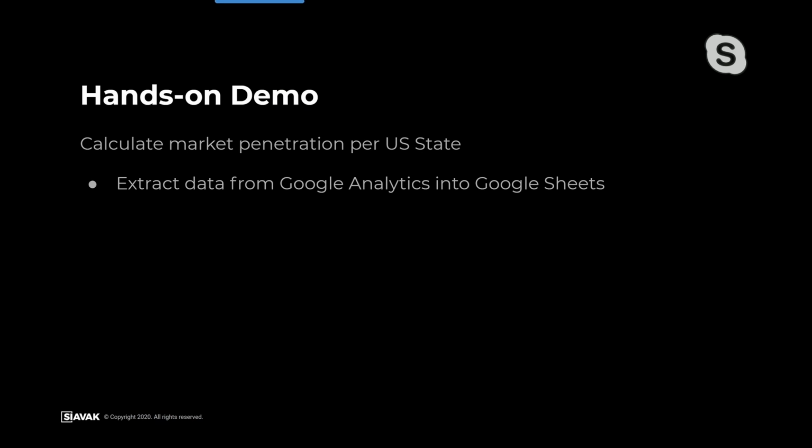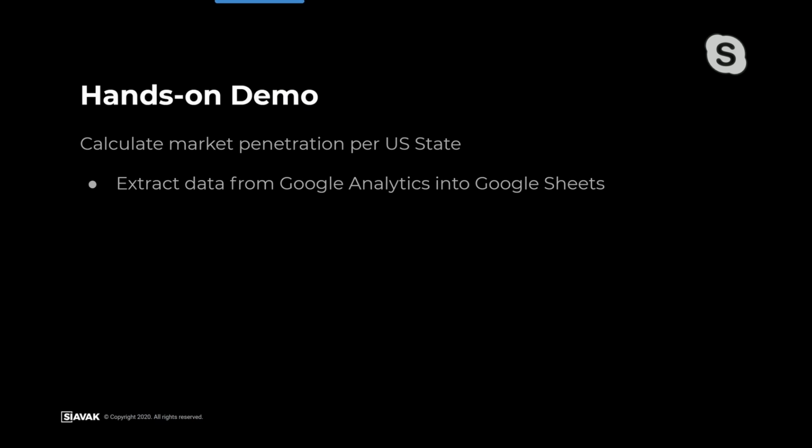But we'd like to illustrate how that traffic volume per state compares to the total population of the states. This information, the population of each state, is not available in Google Analytics. So this is an example of an external data set that we want to join with the data that we have inside GA, to calculate a really simple metric, users per state population, to figure out the market penetration as we define it for the purpose of this demo.